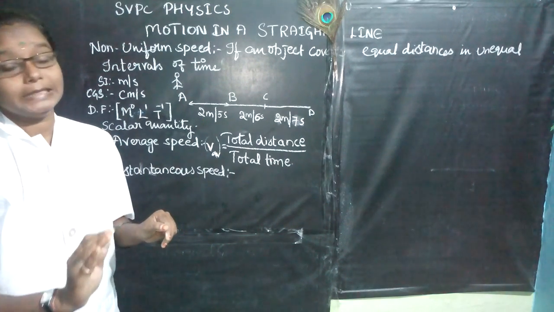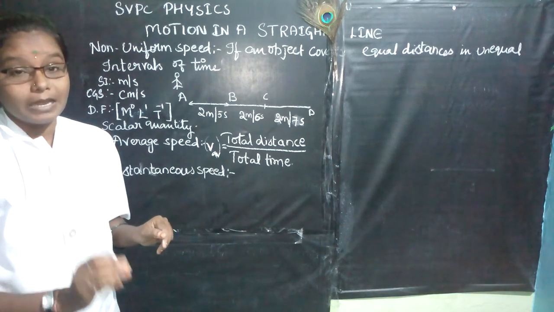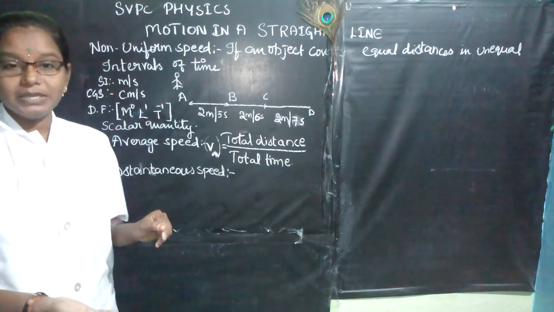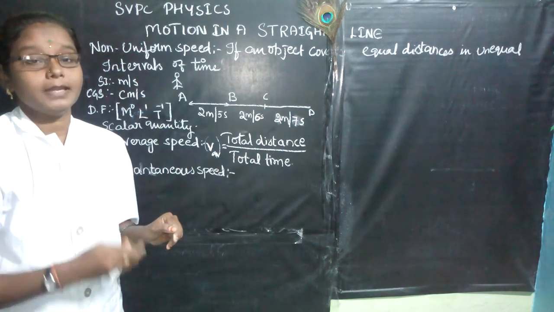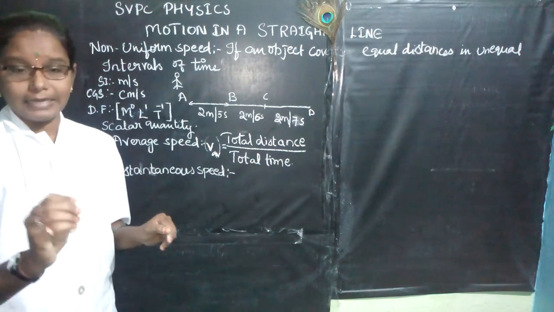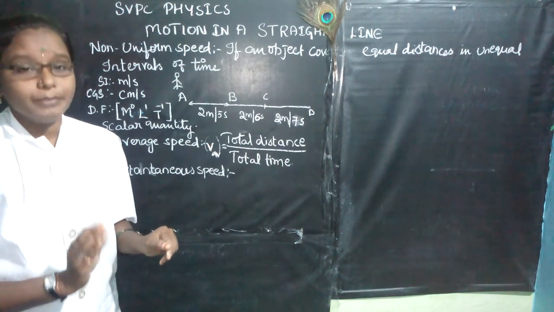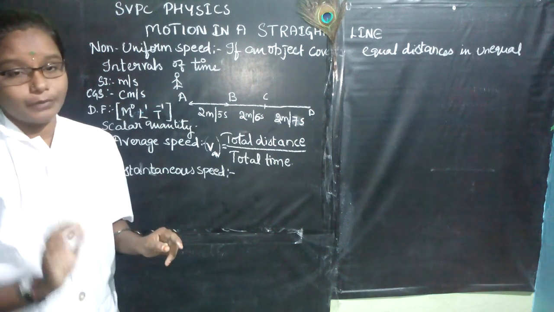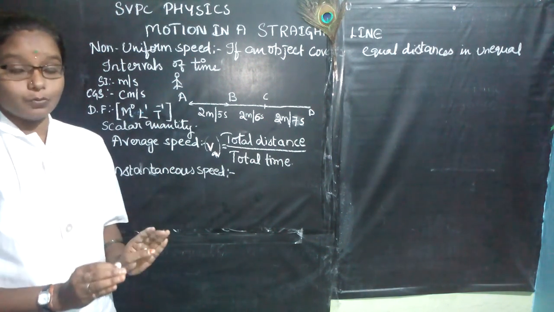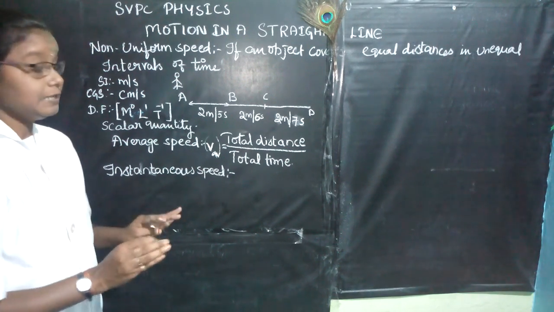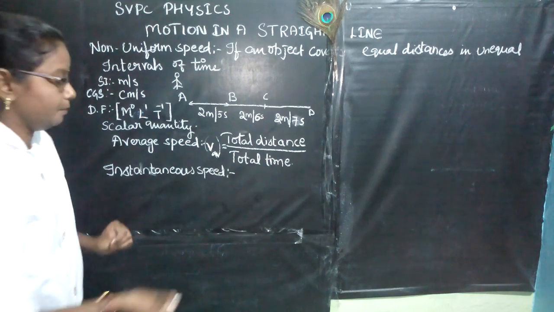At 8 second, where is the car? In the sense, I'm talking about speed. So at 8 second, what is the speed of the car? At 12th second, exactly at 12th second, what is the speed of the car? It means a particular instant of time. So instantaneous speed is the speed of an object at a particular instant of time.